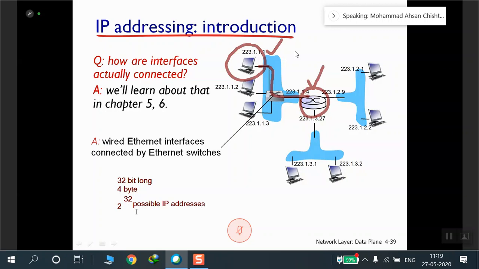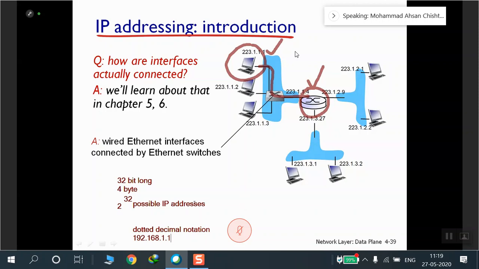And how is it written? It is written in dotted decimal notation. What do I mean by dotted decimal notation? 192.168.1.1. This is what I mean by dotted decimal notation.